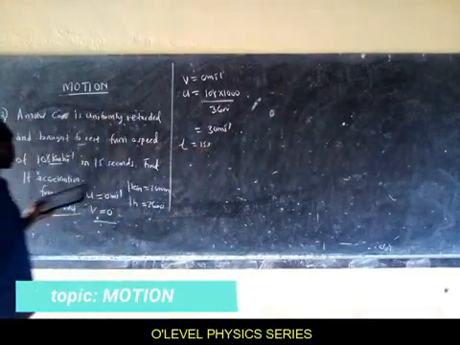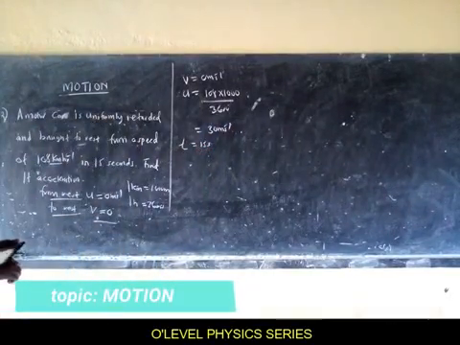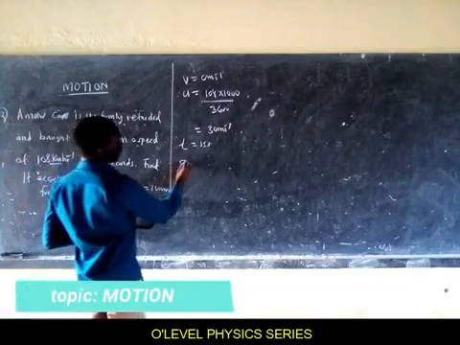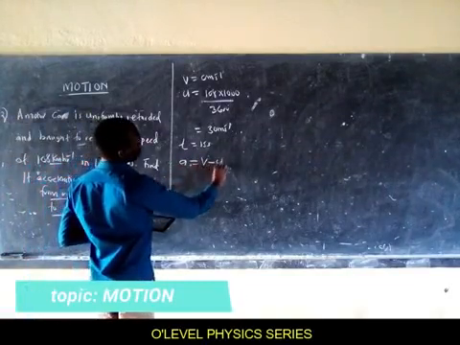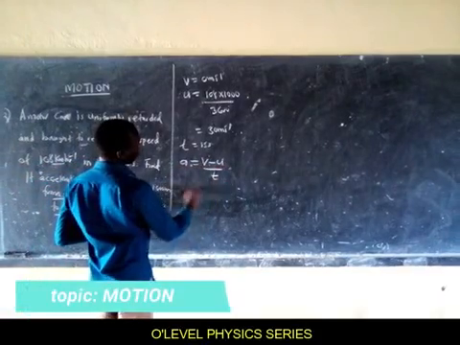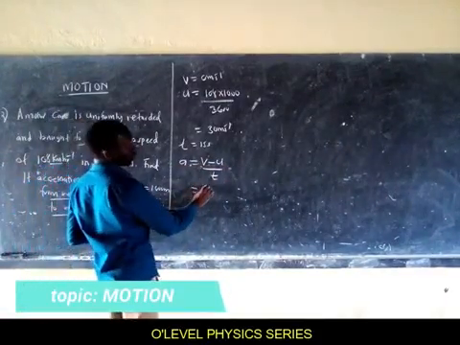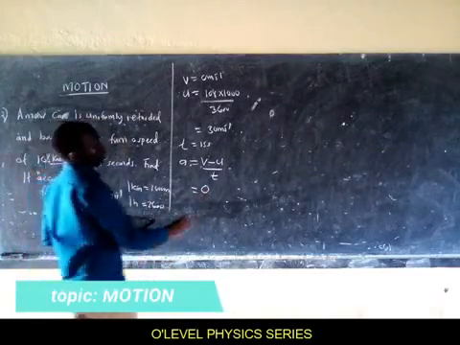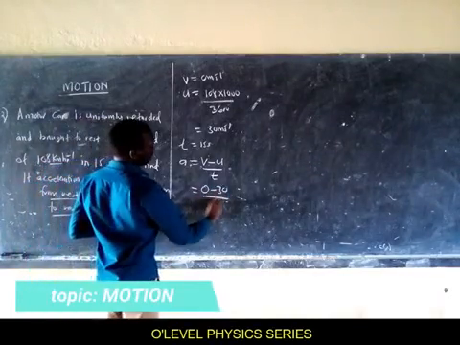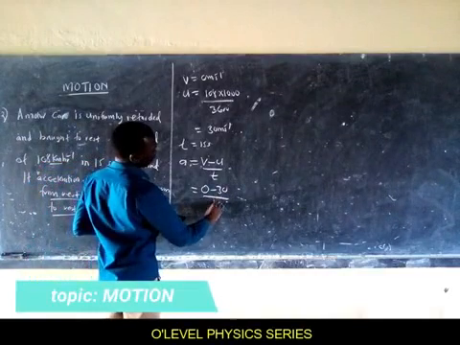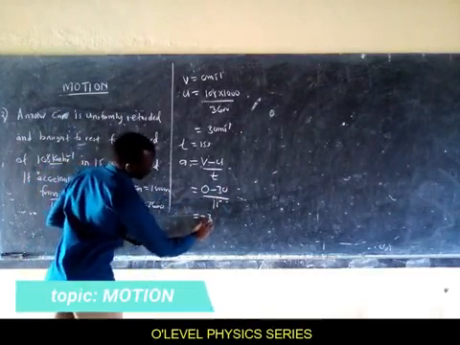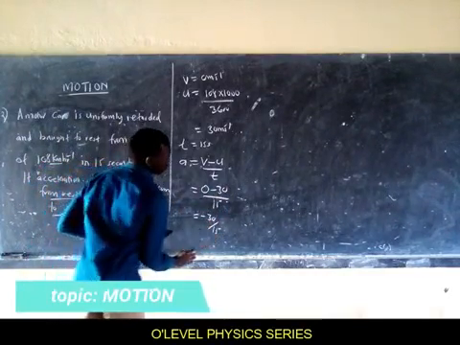Then they say find the acceleration. Don't forget, I told you acceleration, that is a, is v minus u divided by time. My v is 0. Why 0? It was brought to rest. My u is 30, and my time is 15, giving us negative 30 over 15.